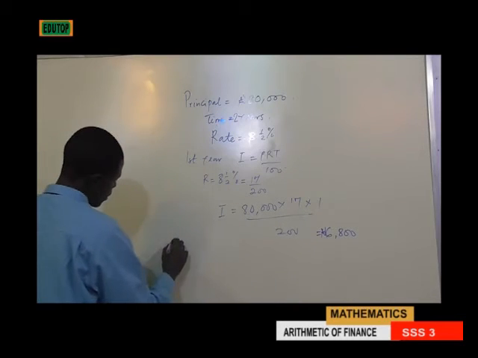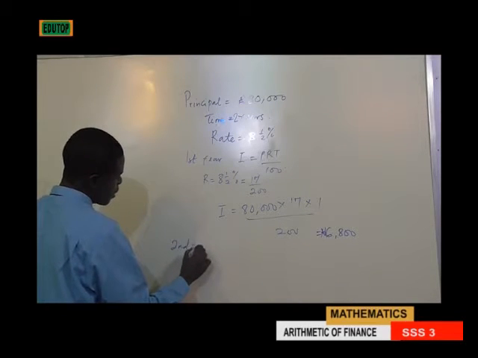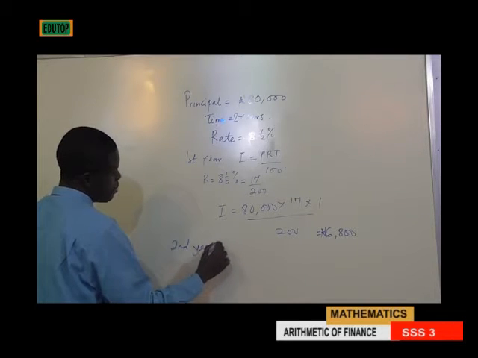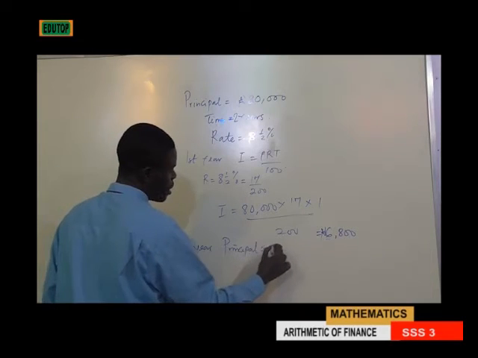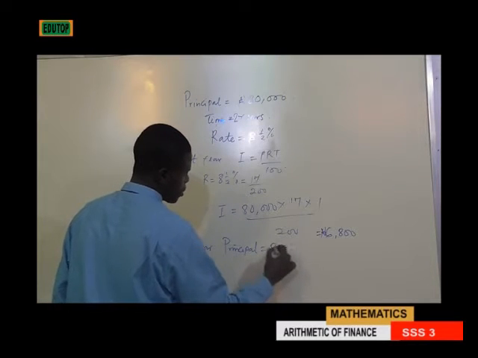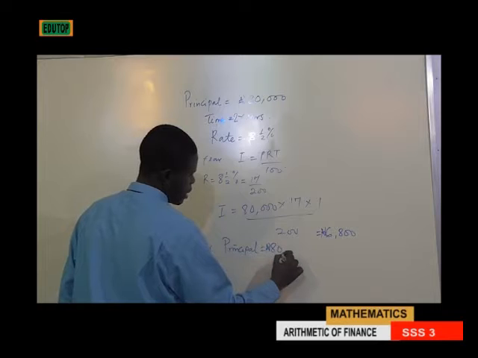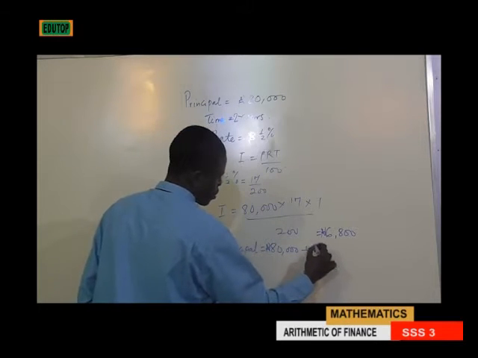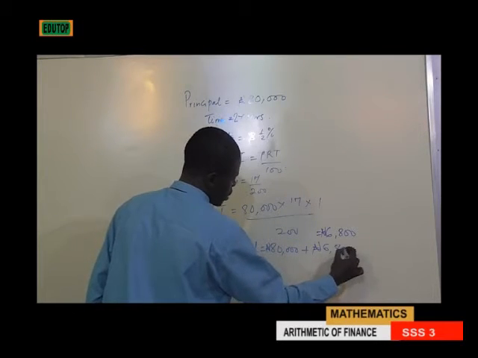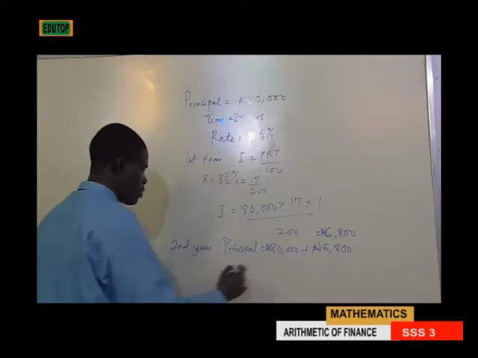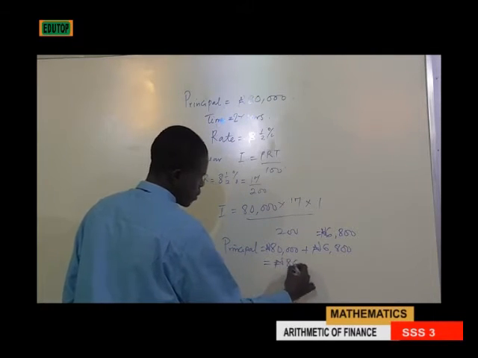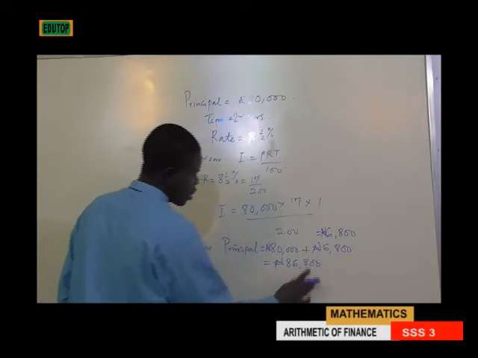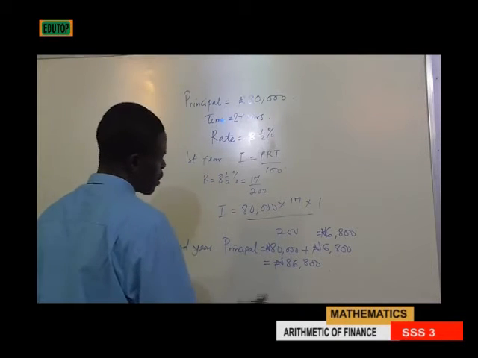For the second year, the principal for the second year now will be the 80,000 plus 6,800. So automatically this gives 86,800. So this is what we're going to make use of in the second year.